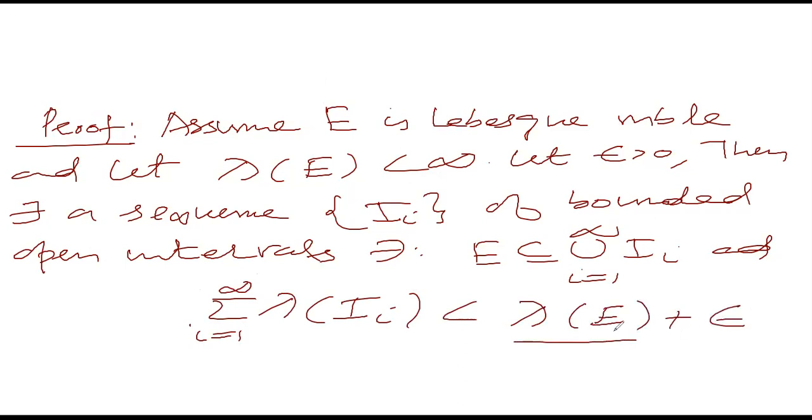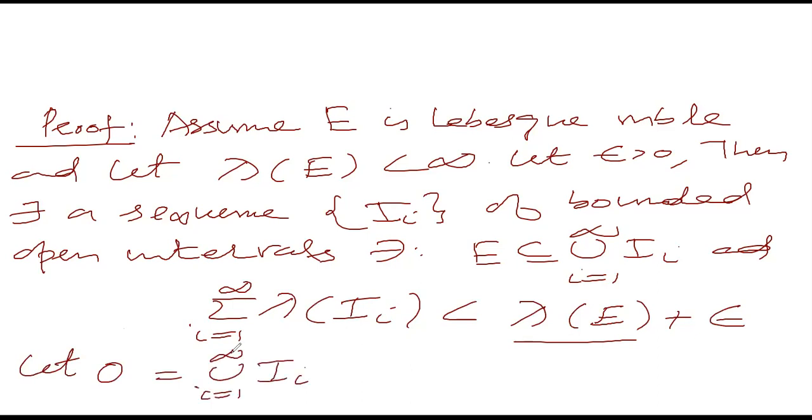I am adding epsilon to this infimum, so it is greater than some element of the set where we are taking the infimum. So this holds. Let's define the set O as the union of I_i, i from 1 to infinity.